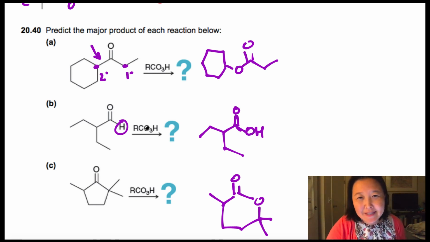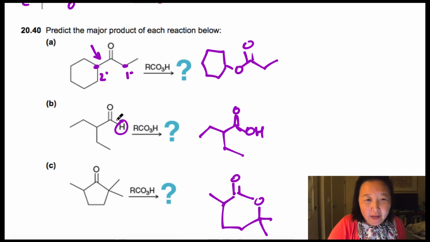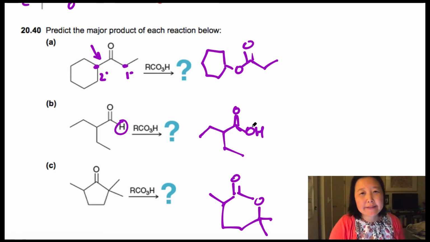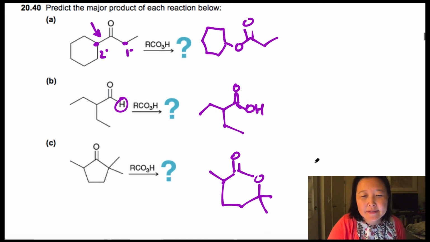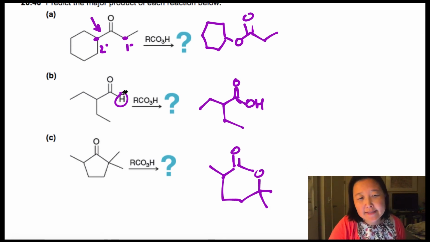Well, this is such an oxidizing agent. It will oxidize it all the way to carboxylic acid. So that is the reason why the oxygen goes in here, because it's easy to take an aldehyde to a carboxylic acid. Aldehydes are sensitive to oxidation.